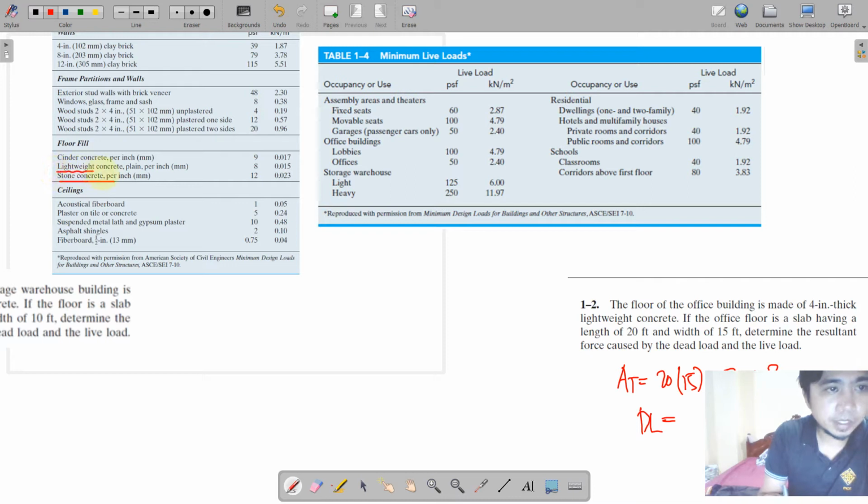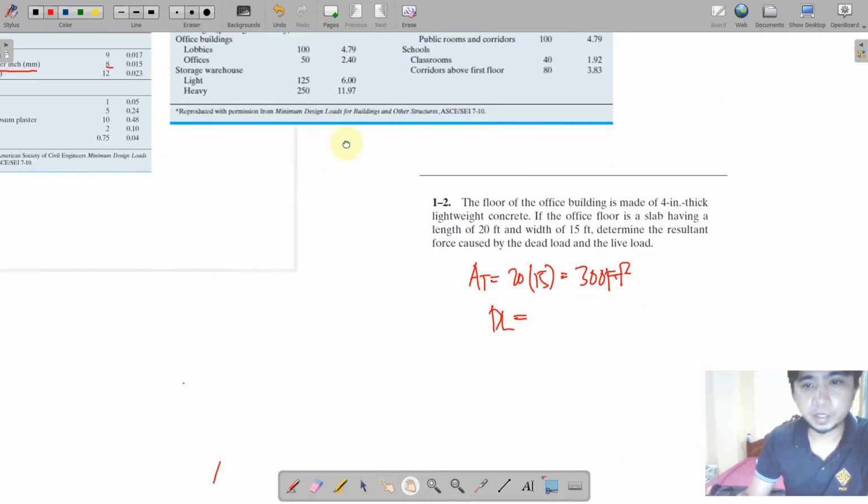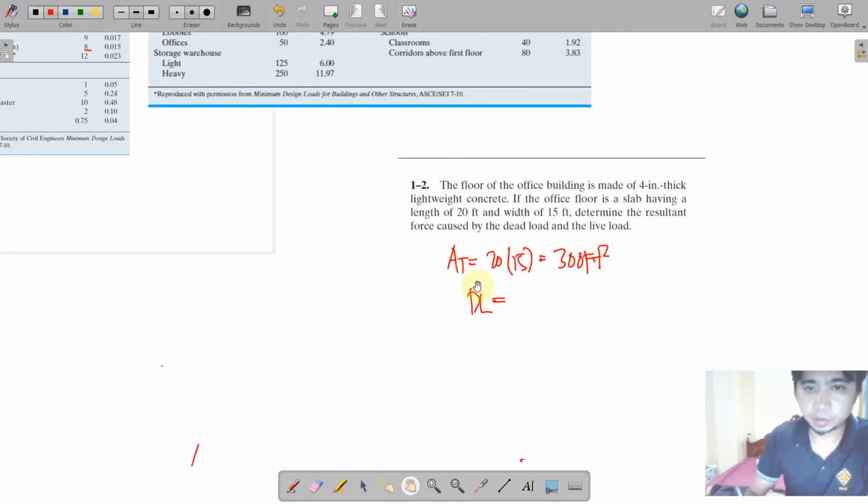So we're going to adopt this one. Lightweight concrete is 8 PSF per inch, or 8 pounds per square foot per inch.